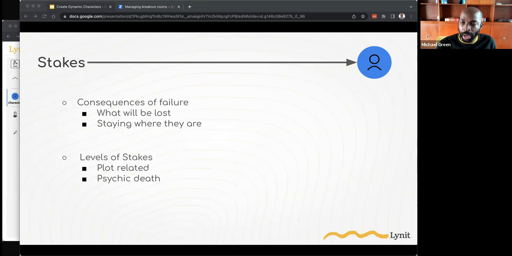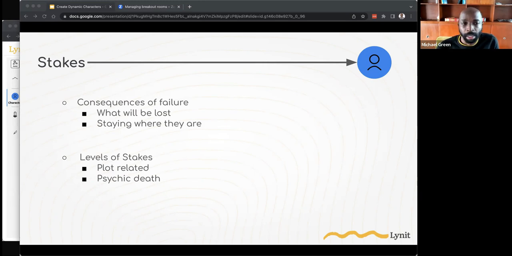Or another way of thinking of it is, what's the cost of staying where they are, right? If you have a character who is in a negative place, you can see that they're suffering without having their needs met. So a consequence of failing is that they may stay in that state, right?